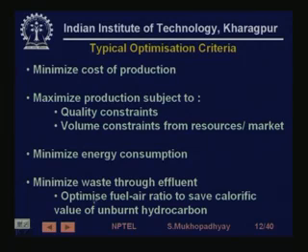Similarly, minimizing waste through effluents. For example, you typically optimize the fuel air ratio to save the calorific value of unburnt hydrocarbon. You do not want carbon monoxide to escape into the atmosphere, because that can be burnt further, and if you are escaping carbon monoxide, then you are losing calorific value of the fuel that you are using.